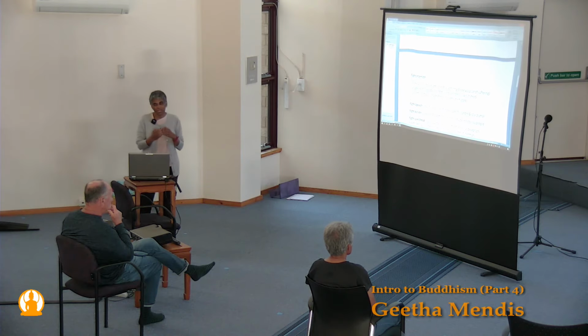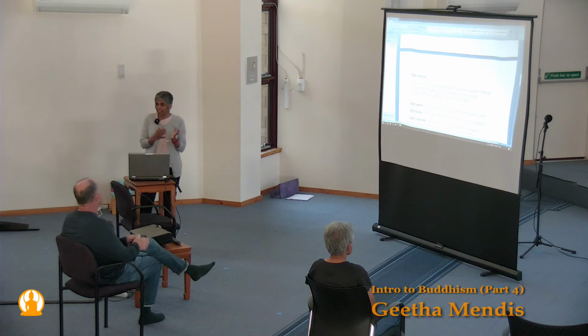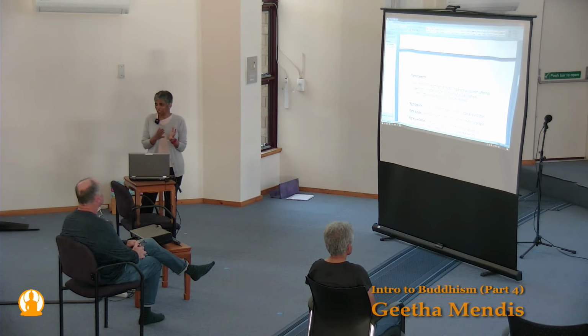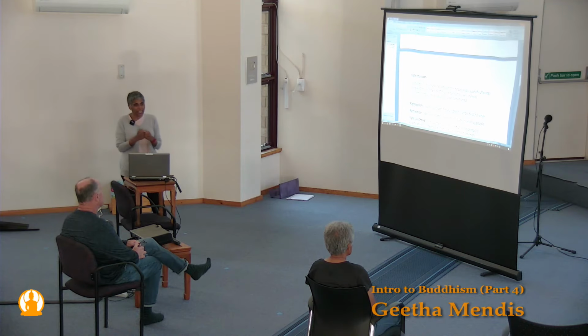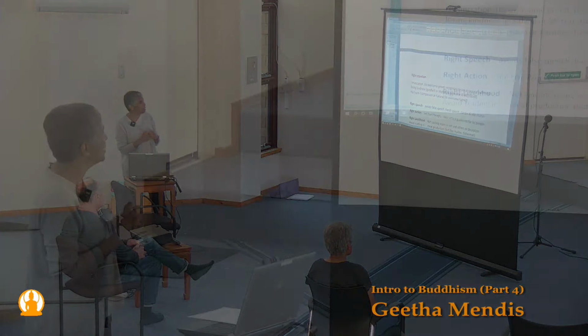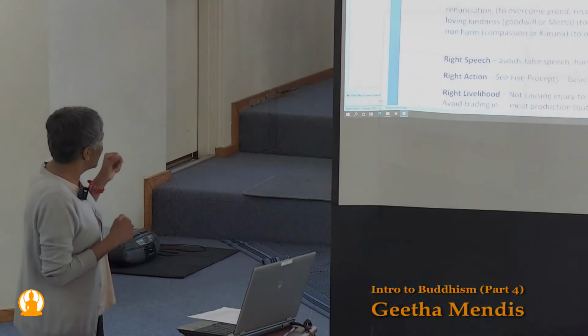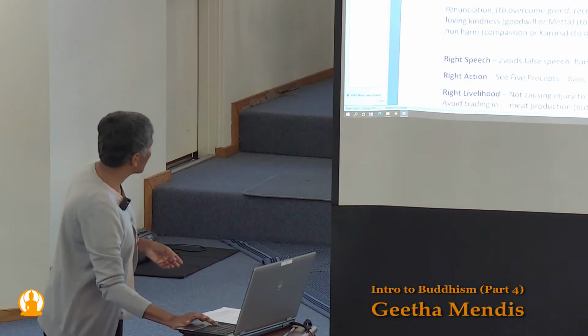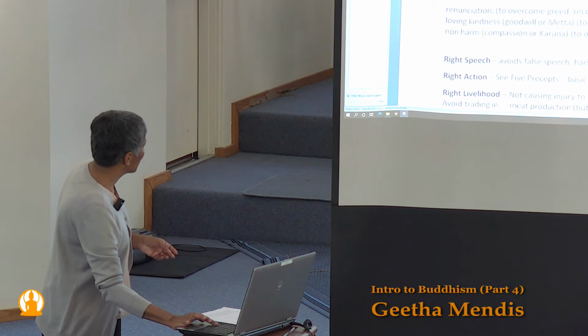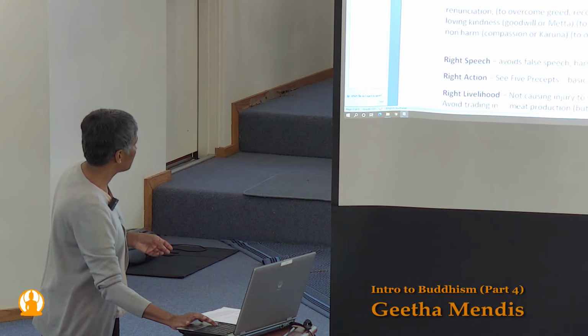But when there is that intention and you're trying to cultivate, you might see some other options. You might want to mitigate that strong feeling of ill will. So right intention: renunciation, loving kindness, and non-harm.